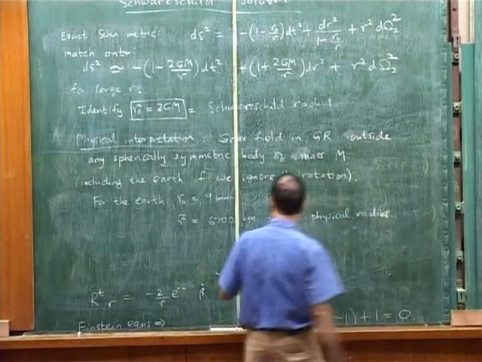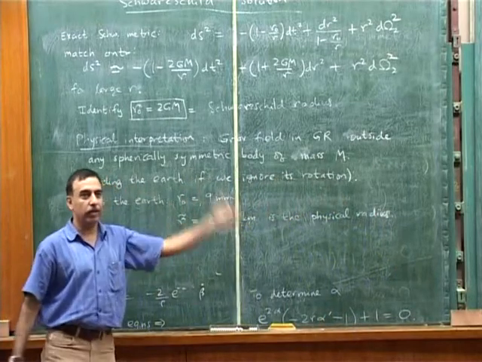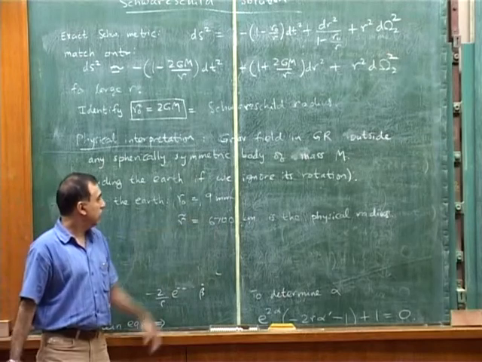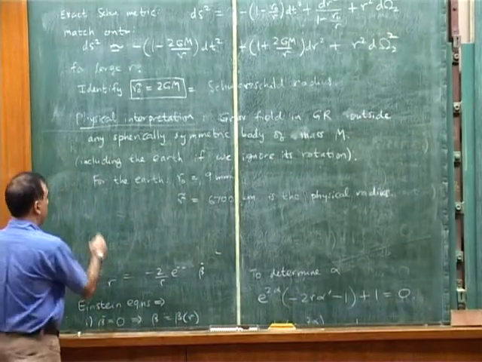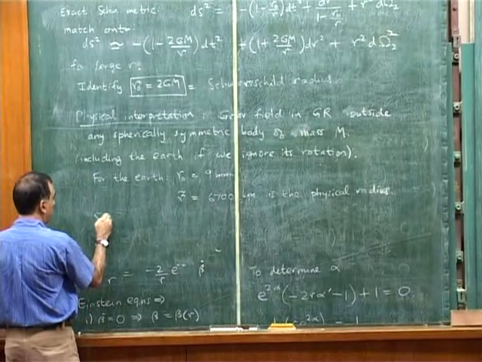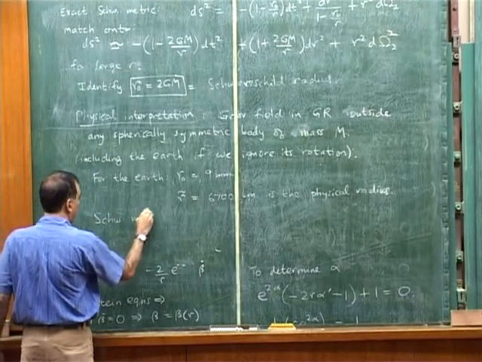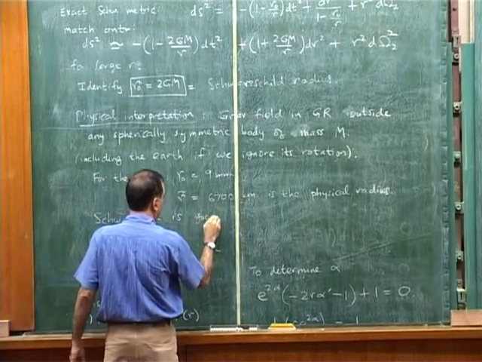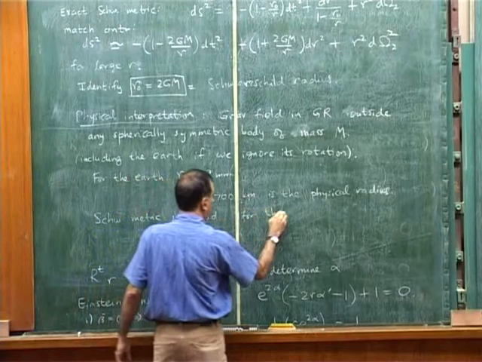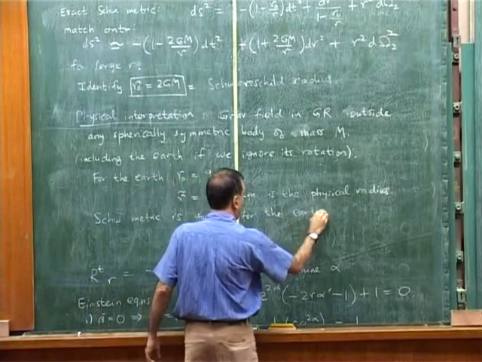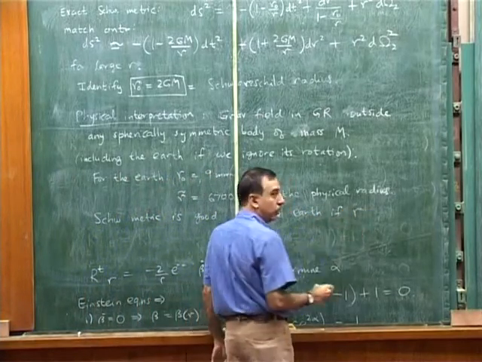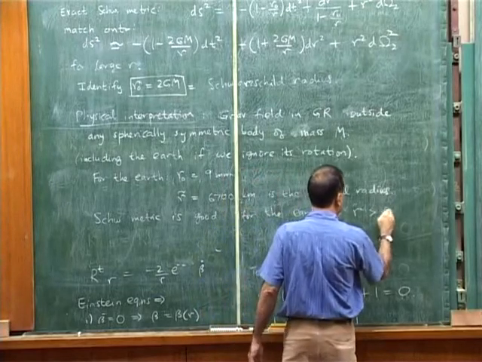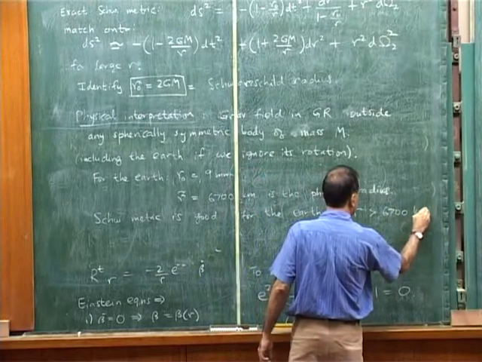It may be more than that if you want to count the atmosphere, so you may have to go very far away. But anyway, something like this. So now we learn that the Schwarzschild metric is good for the Earth if R, the actual radius at which we are looking at that metric, is greater than 6,700 kilometers.